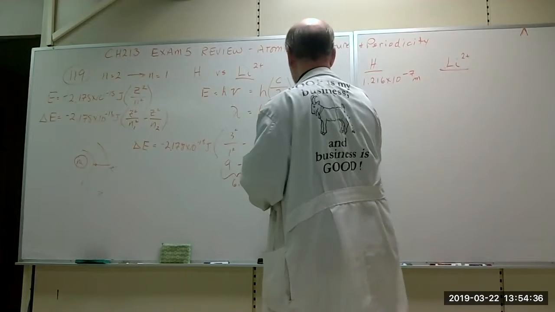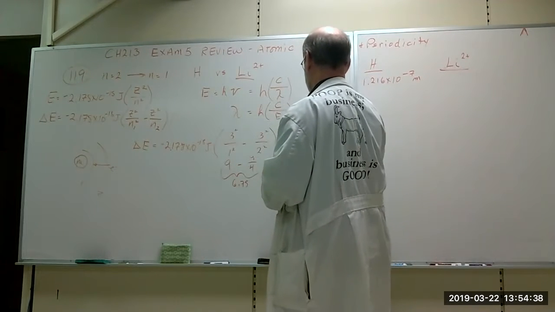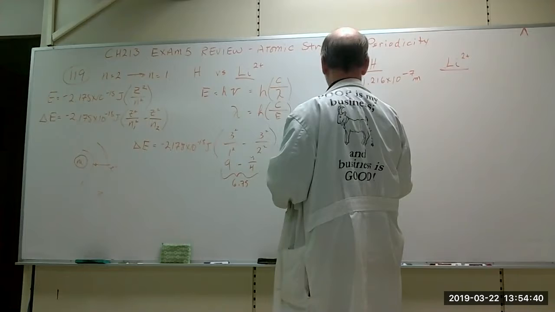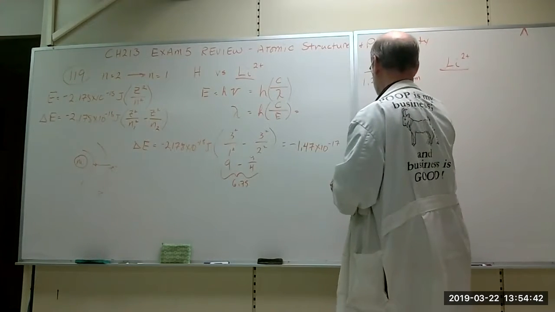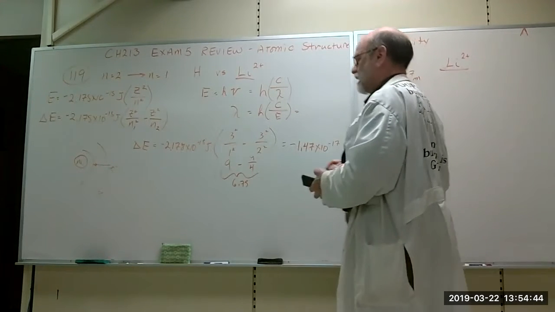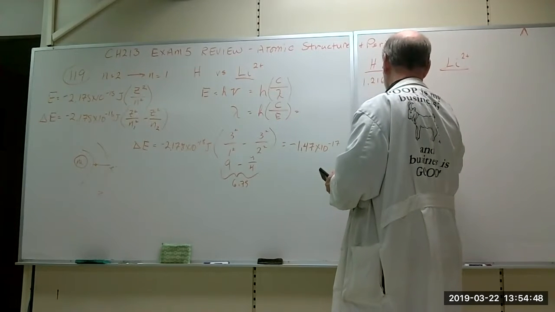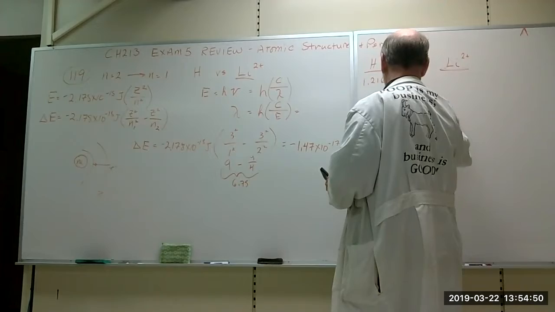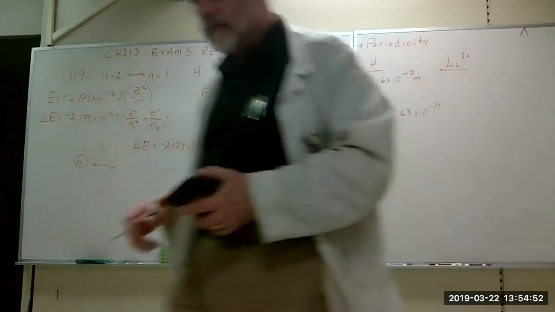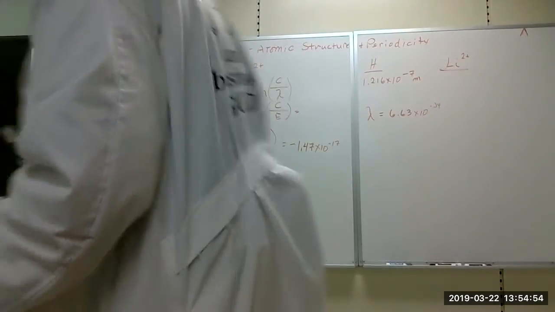Yeah. So now we can substitute in here, let's come over here. Wavelength is the Planck's constant. I think. 6.26, I rounded it off.